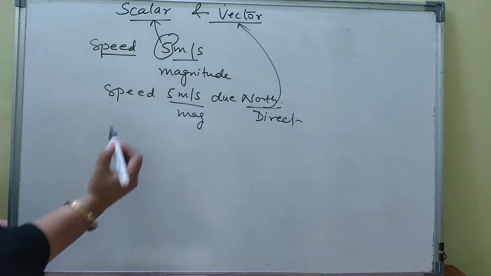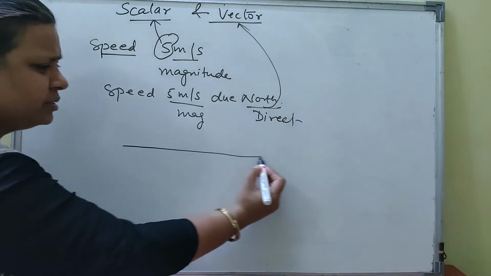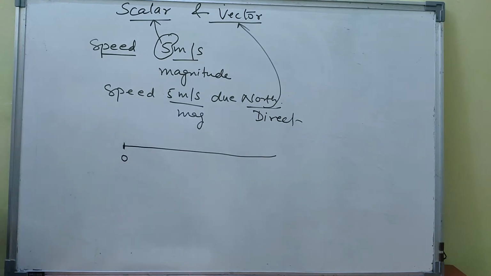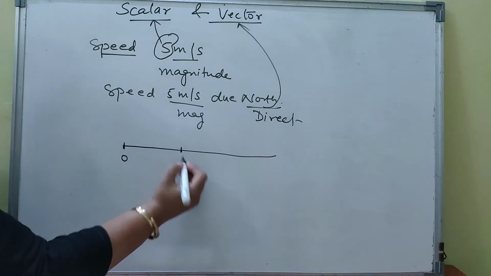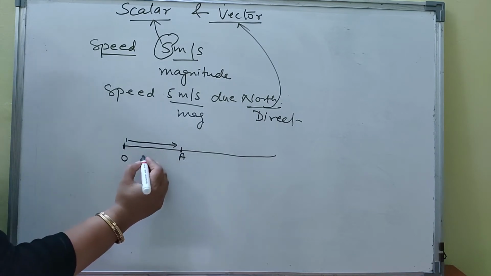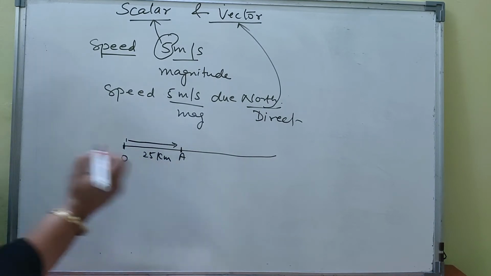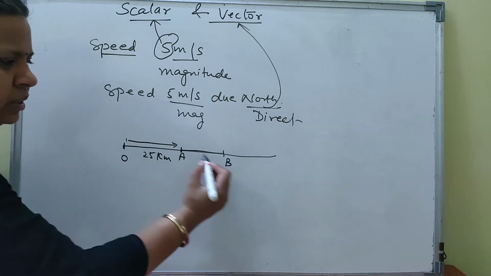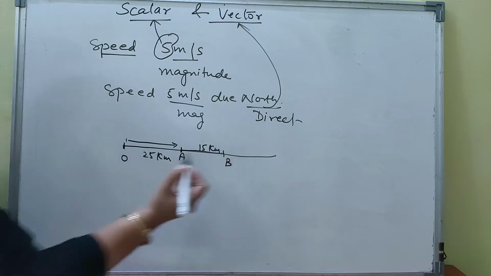For example, let us say this is a straight road. The object is at position O. The object moves from here to A, say 25 km. Then from A, the object moves to B, say 15 kilometers.